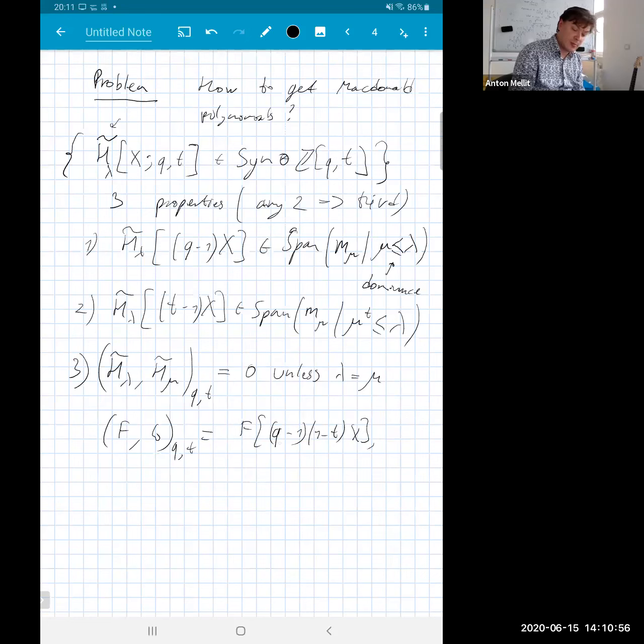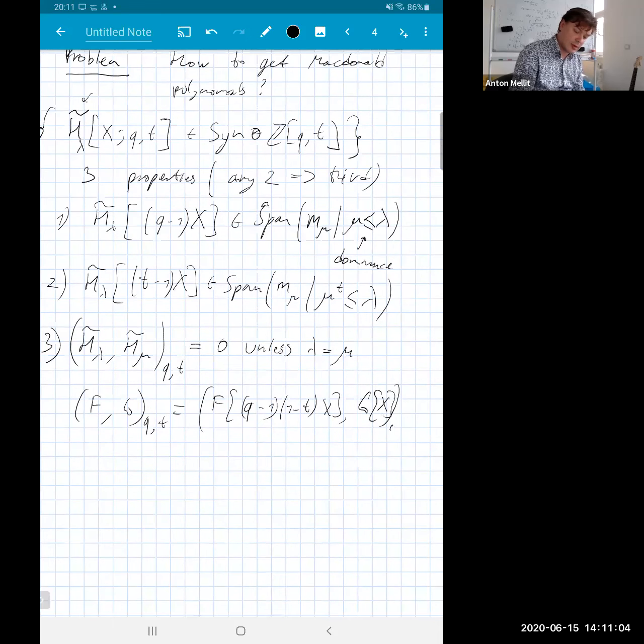Of course, it's the same as a minus symmetric expression in t, but I wrote it for a reason.